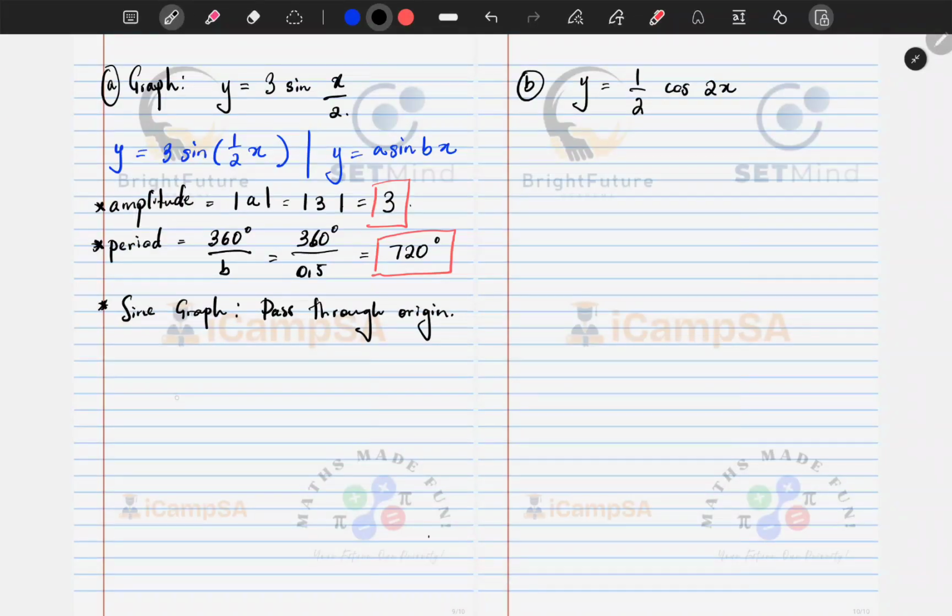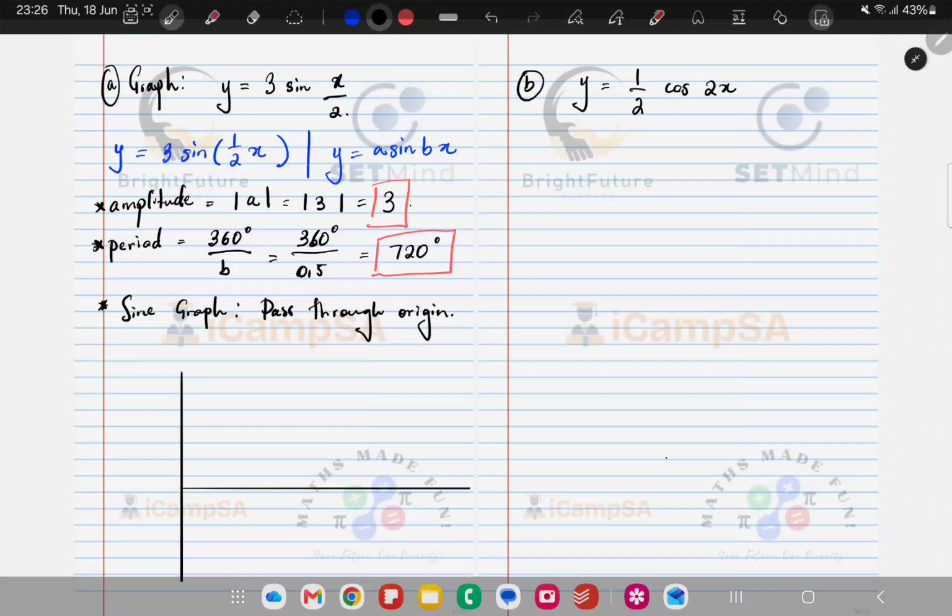So now let's sketch that. I'm going to have my y-axis here, and this is going to be my x-axis. Remember, it passes through 0. This is going to end on 720, and 720 is the same thing as 360 times 2.